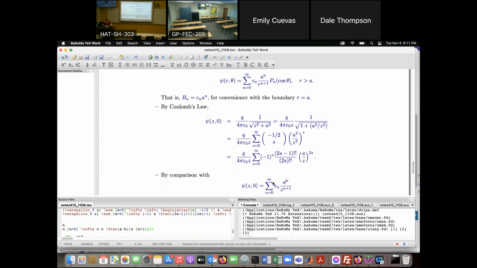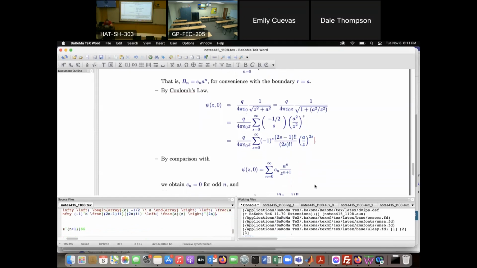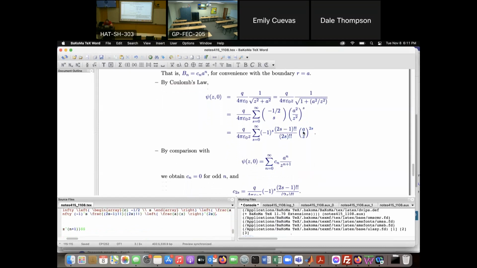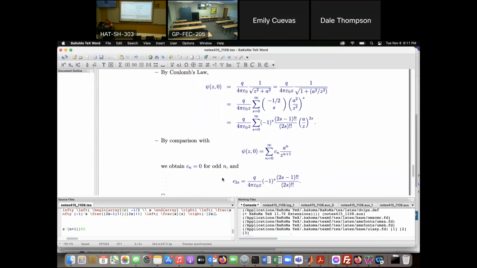All I have to do now is compare this series to this one, and that will determine the coefficients Cn. Notice here we only have even negative powers of z, so Cn must be equal to 0 when n is odd. Then I just have to figure out the even coefficients, taking everything that's multiplying.